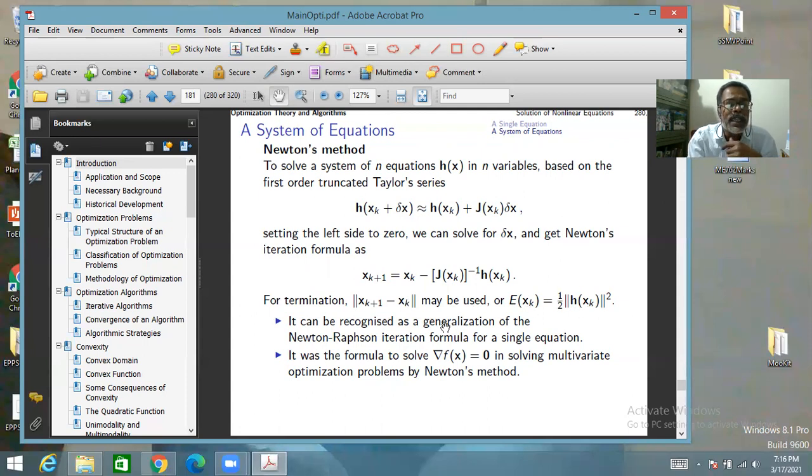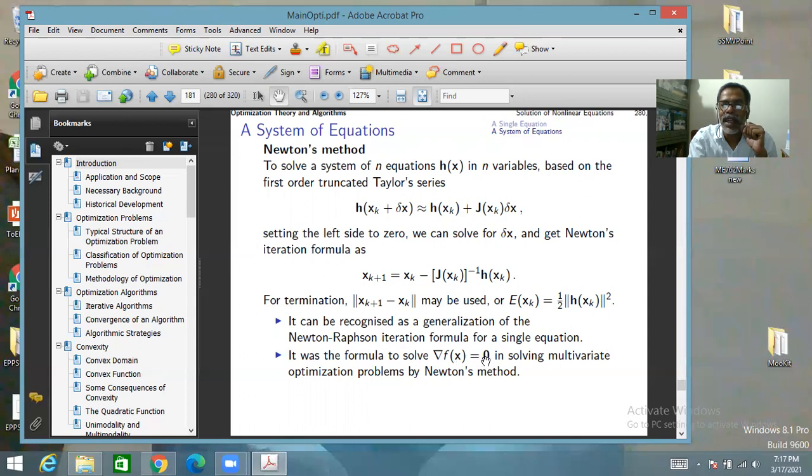As I told you, it is visible as a generalization of the Newton-Raphson iteration formula for a single equation. And I will remind you that this is also the iteration which was used earlier to solve the first order condition for optimization problem, right?